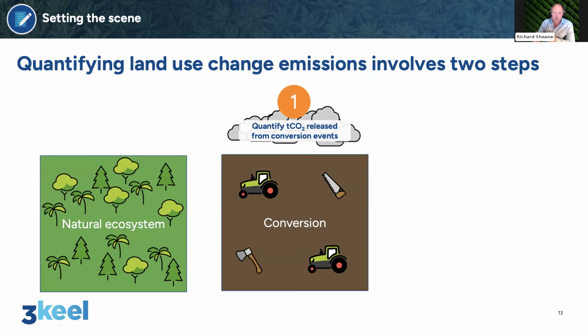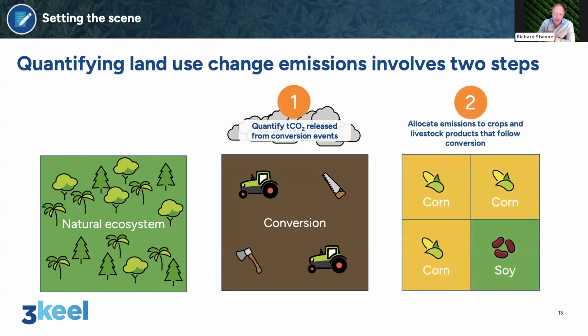There's a certain amount of carbon dioxide that's released whenever they are cut down and degrade. So the first challenge is quantifying that carbon stock loss. And the next step is deciding how to allocate those emissions to crops that follow. There are lots of different ways of doing that, and that's what we're going to look into next.